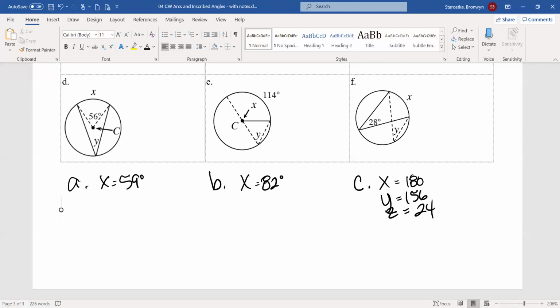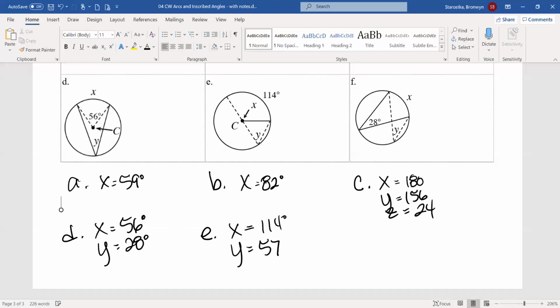Remember the semicircle on problem C. Problem D, X equals 56, Y is 28. He's a tricky one. Make sure you're using your exterior angle theorem, right? And for F, remember they share the same arc.